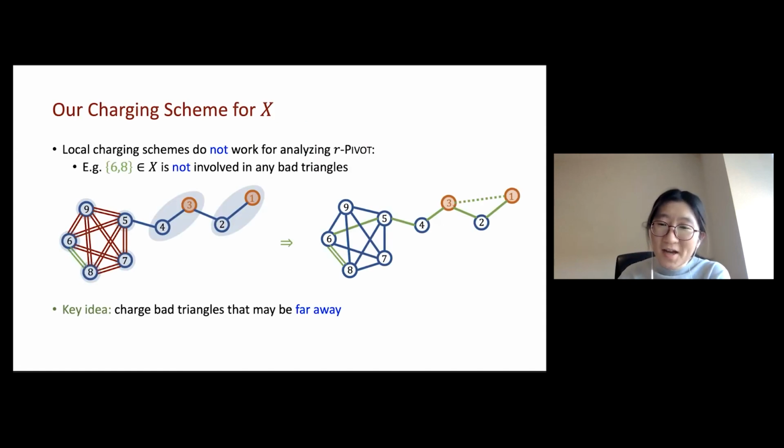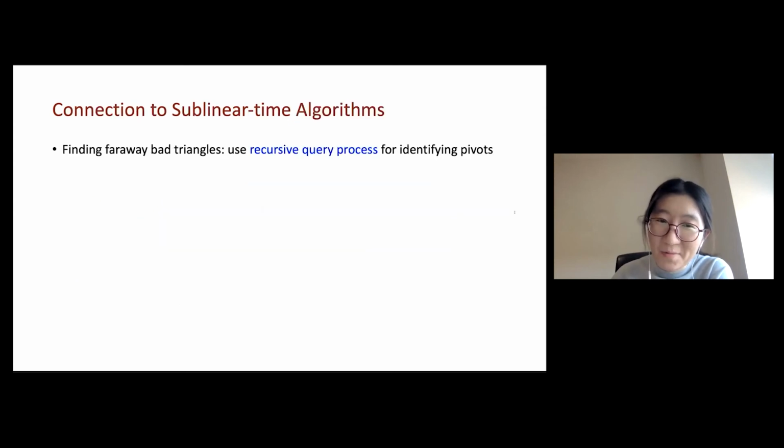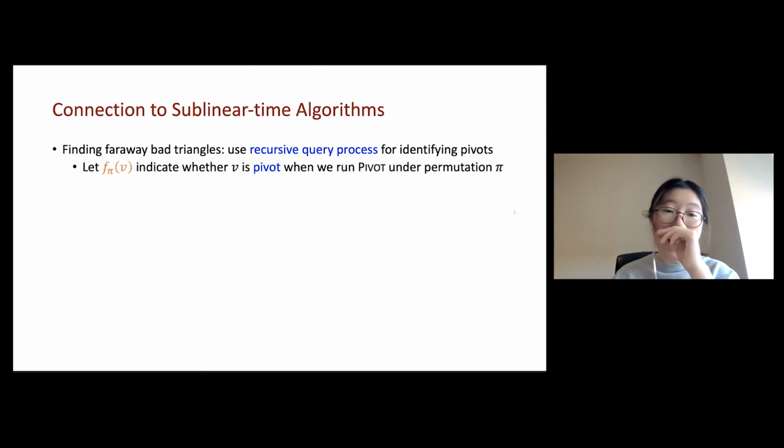But how do we really find those bad triangles that are far away? To do this, we draw a connection to sublinear-time algorithms. In particular, we will use the following recursive query process to identify the pivots.